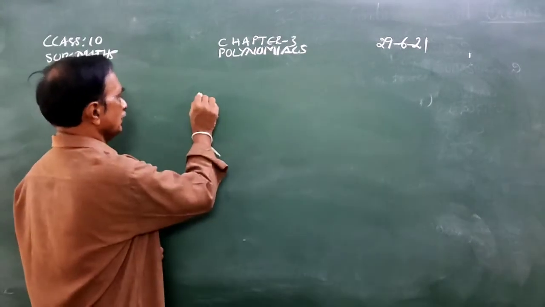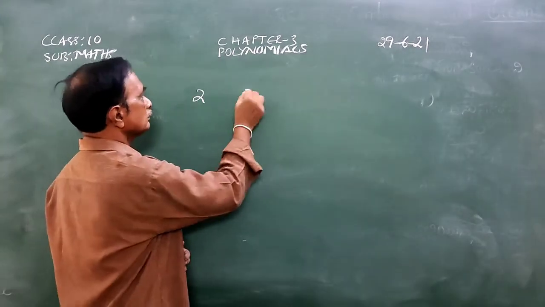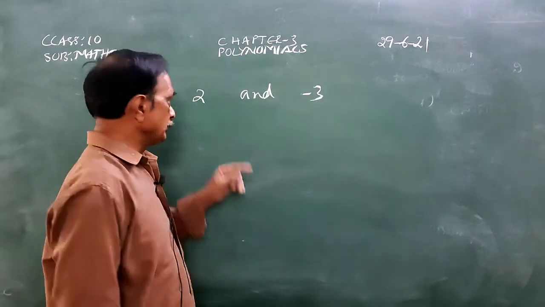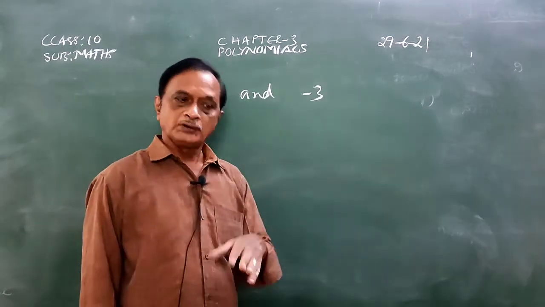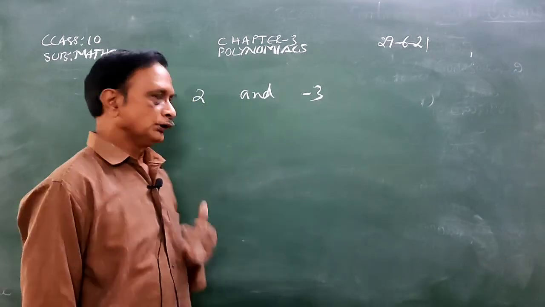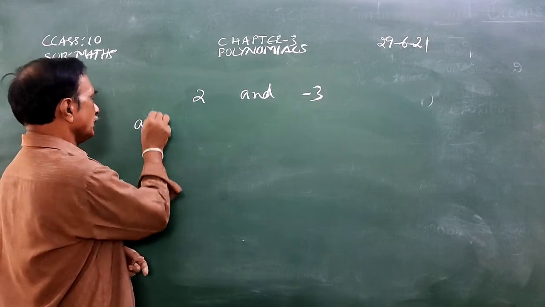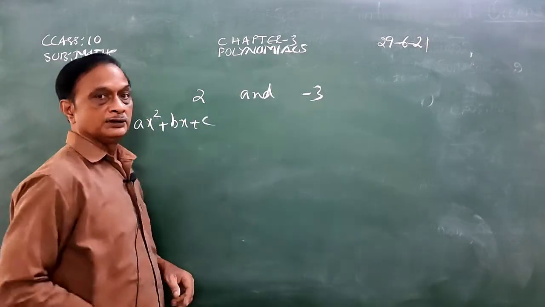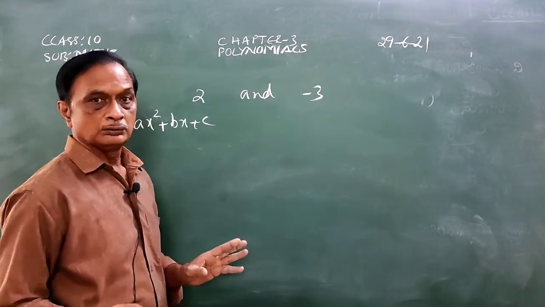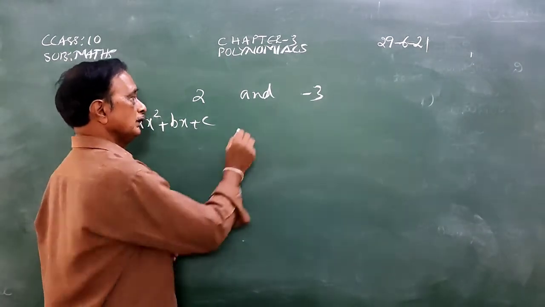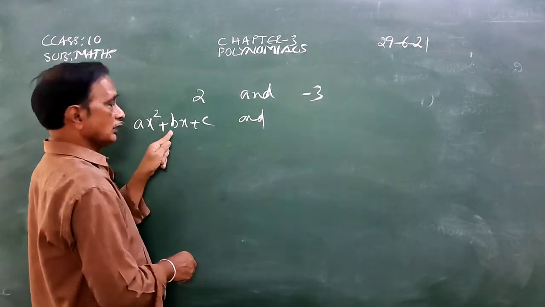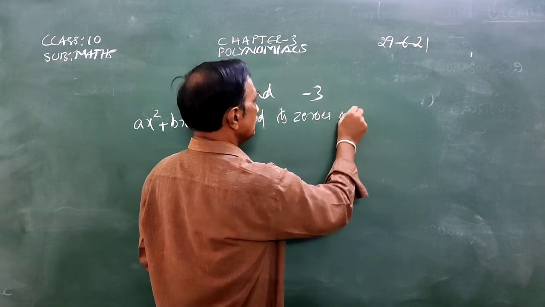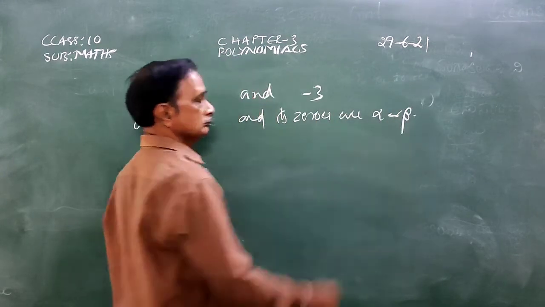There is a quadratic polynomial whose zeros are 2 and minus 3. Find the quadratic polynomial. Here you see, let the quadratic polynomial whose zeros are 2 and minus 3 be ax square plus bx plus c, where a is not equal to 0, and its zeros are alpha and beta.